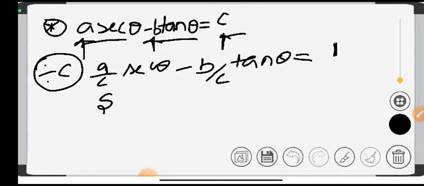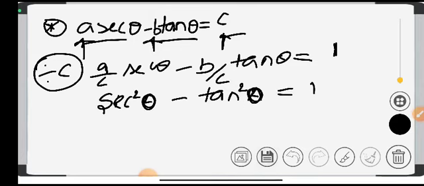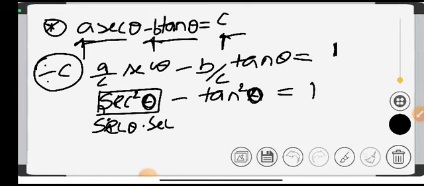I have remembered a formula, that is secant square theta minus tan square theta is equal to 1. If I write secant theta 2 times, is there any problem? Secant theta into secant theta, no problem. If I write tan theta into tan theta, is there any problem?